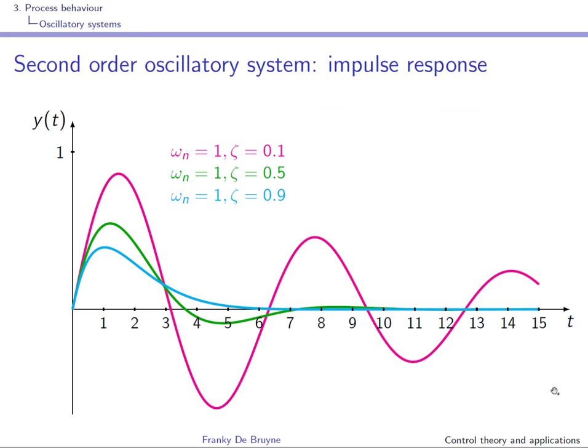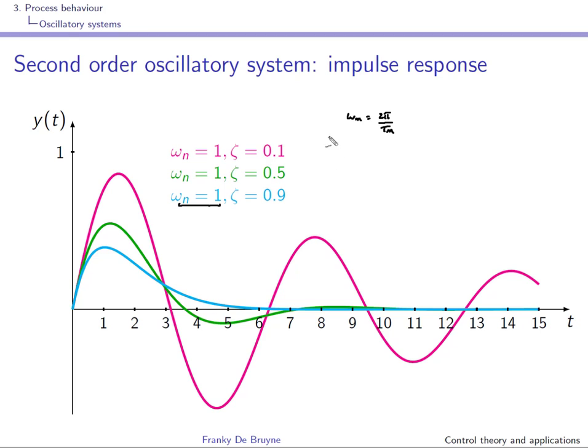So here you can see the impulse response of that type of system. The natural frequency is 1, right? Remember that the natural frequency is 2 pi over the natural period, right?